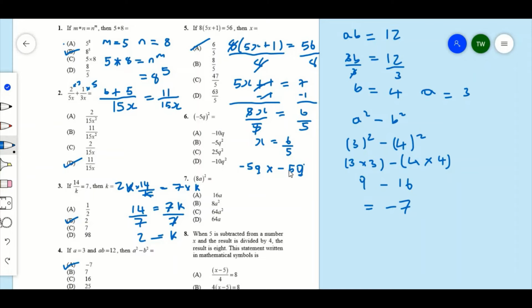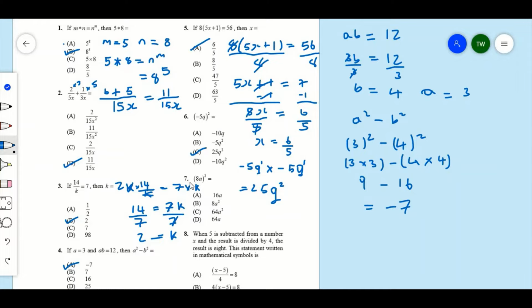Negative 5 times negative 5, that's going to give us positive 25. And q times q, because the bases are the same, we're going to add the power. So q by itself means q to the first power, and this q means q to the first power. So q times q, the laws of indices says once you are multiplying by the same base, then you simply add the power. So it's going to be q to the second power. So our answer is going to be 25q squared, and that option is C.